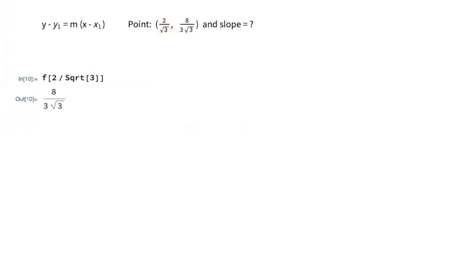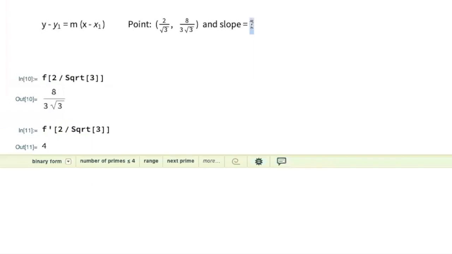Next, I need to know the slope. The slope of the tangent line is the derivative at that point. So I will go to a new line, type in the derivative, and put in 2 over square root of 3 again. This time I'm doing derivative because I want to know the slope. And apparently the slope is 4.